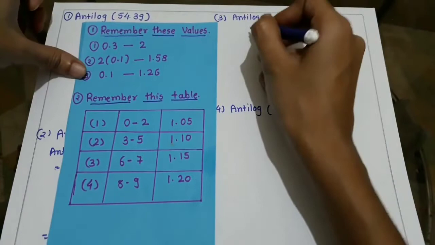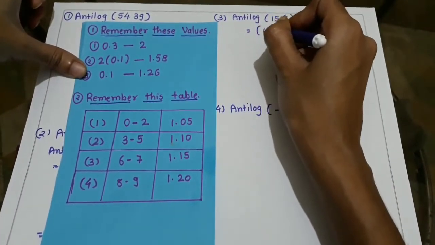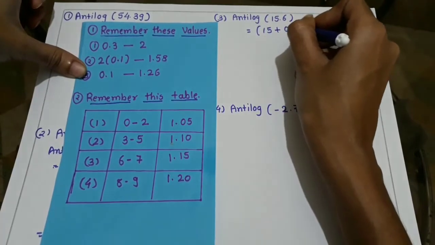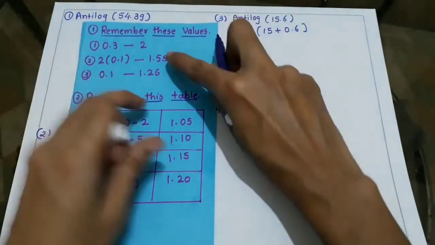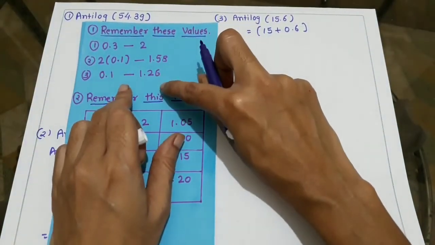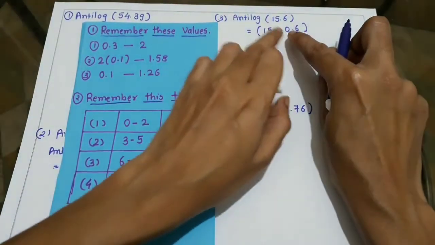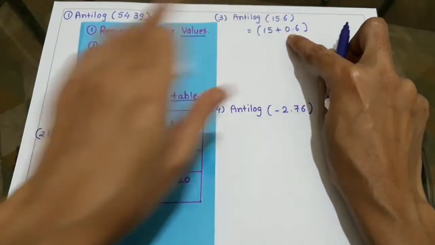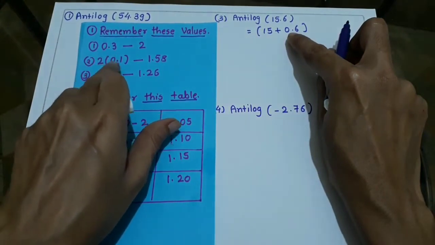Now the next number, antilog of 15.6. Same here, we have to split it into 15 plus 0.6. In this table we don't have any value for 0.6, so we will split this number in the format of 0.3 or 2 into 0.1.